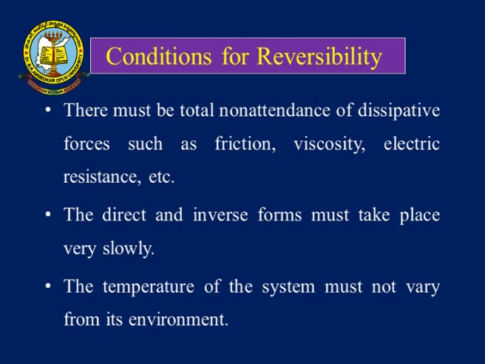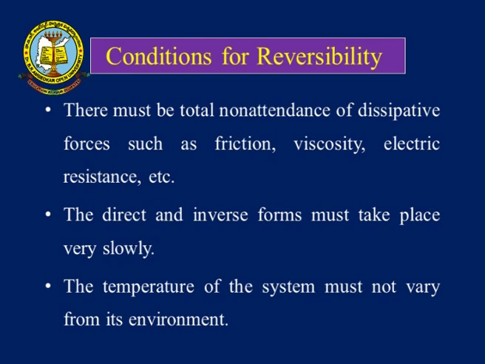So if these dissipative forces like friction, viscosity, electric resistance and so on are absent, then we can say that the thermodynamic process, whichever is taking place, can be reversed. The condition for reversibility is the absence of these friction forces, viscosity, electric resistance and so on.